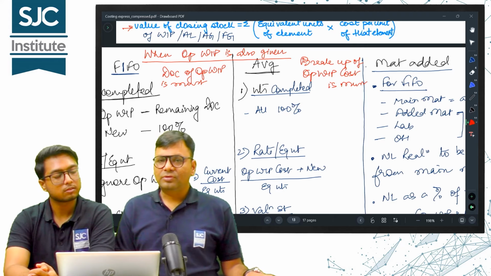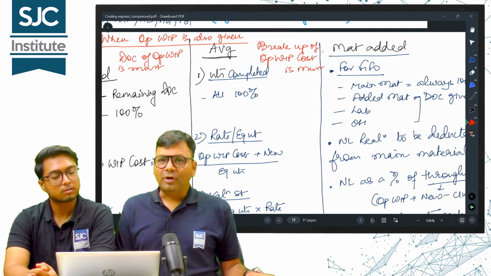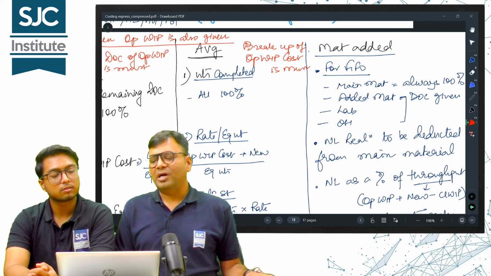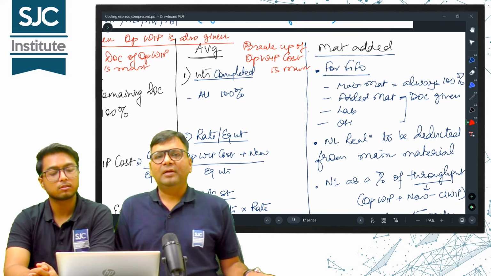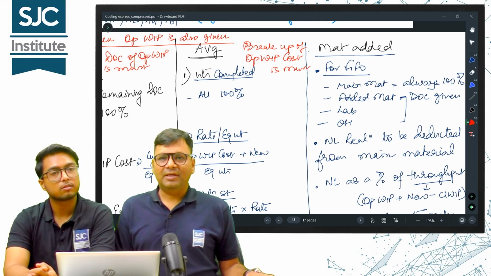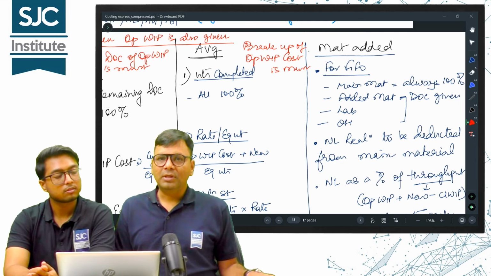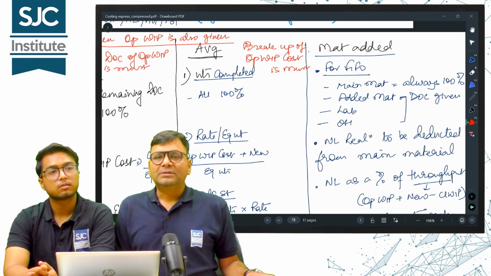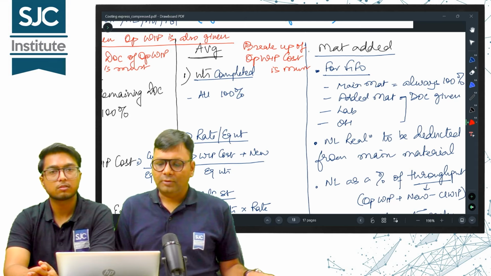And material added is used when you have four elements, which are main material, added material, labor and overhead, given to you in the question. Main material is the material with quantity and amount. Added material is the additional material with no quantity, just the amount.